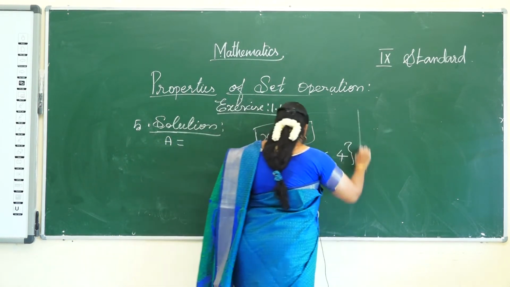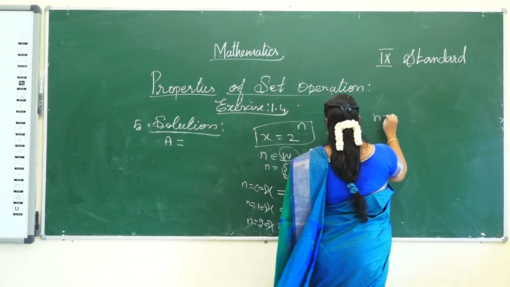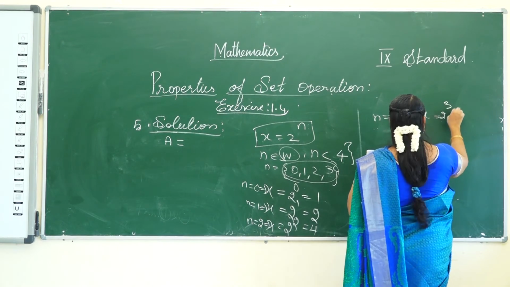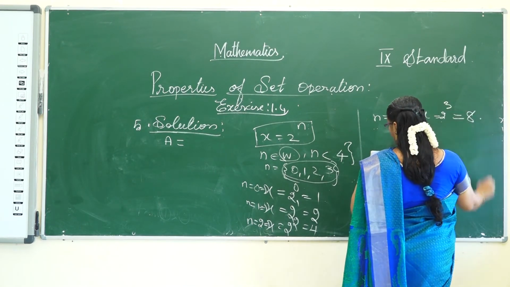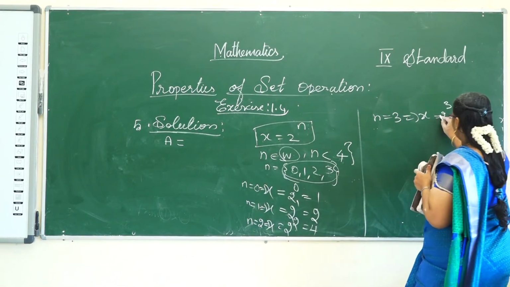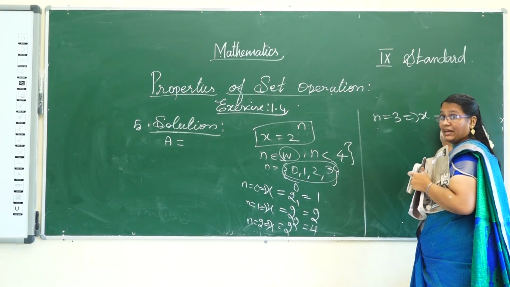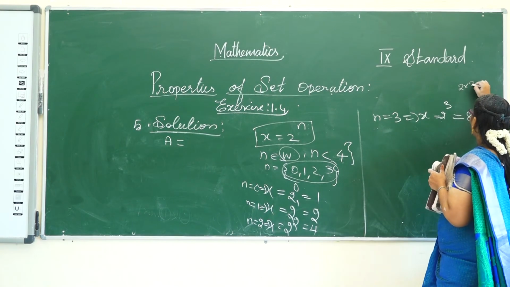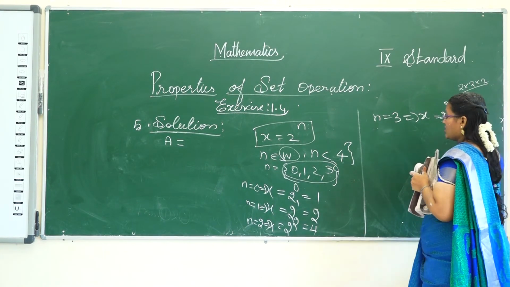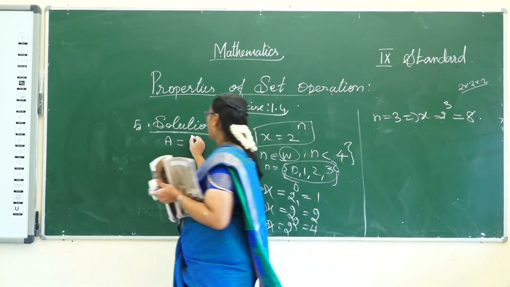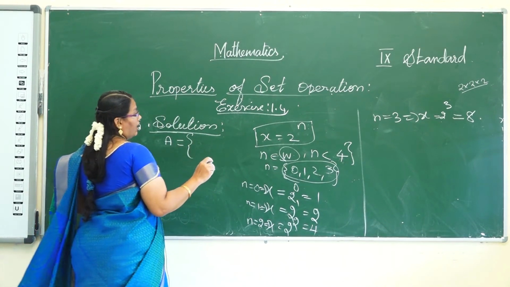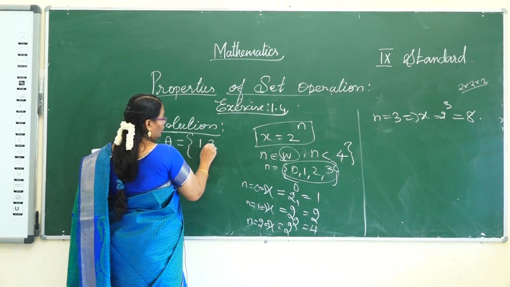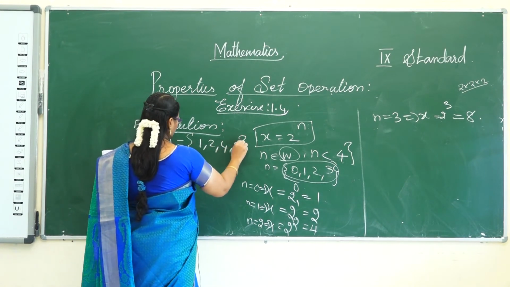And then n is equal to 3, then the x value is 2 power 3 equal to 8. 2 power 3 means 2 multiplied by itself 3 times. So 2 2s are 4, 4 2s are 8. So the elements in set A are 1, 2, 4, 8.